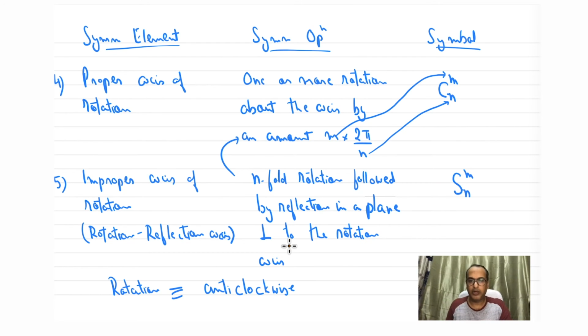If you are following clockwise rotations, you can follow clockwise rotation. There is no harm in that. You will get the same answers. Your intermediary steps may have different configurations, but the ultimate answer to any given problem would be the same. But for the sake of convenience, keep following one particular convention. I like to follow anti-clockwise, so I'll be following anti-clockwise rotations.